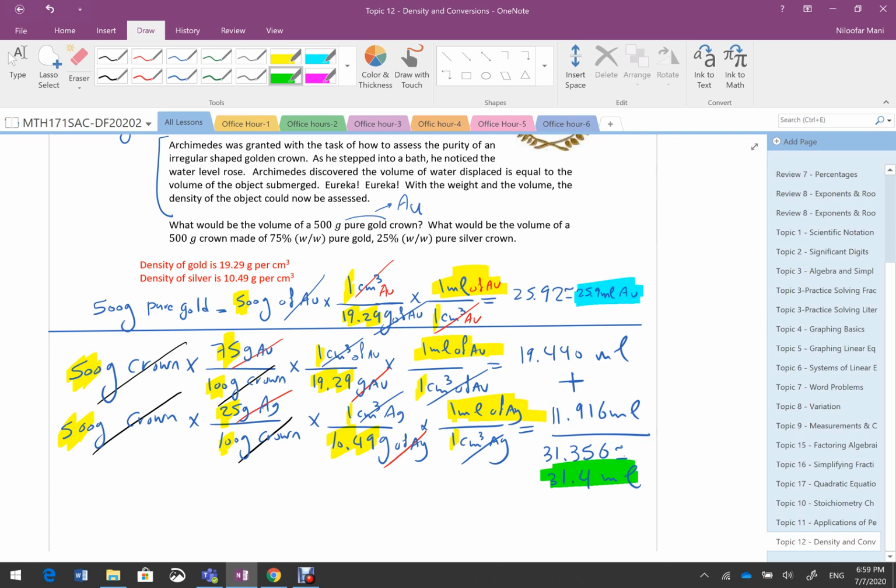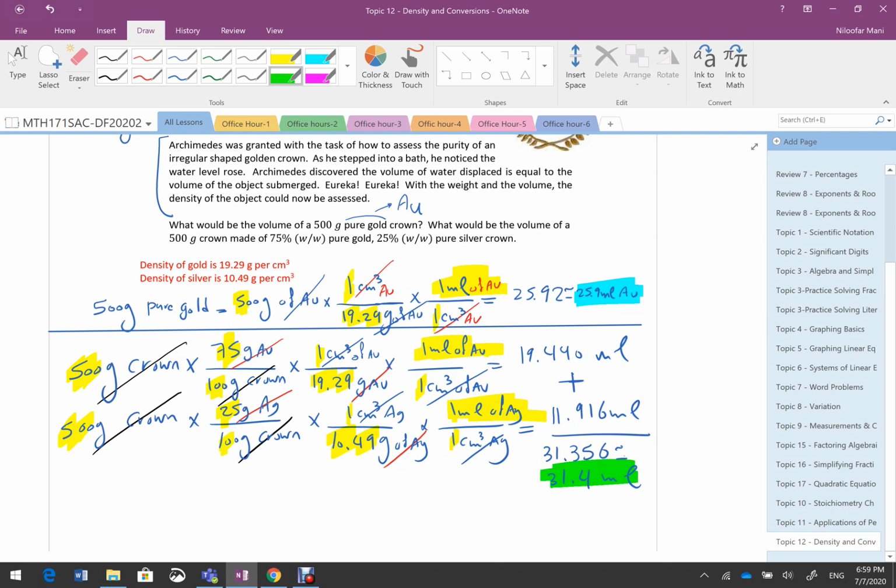A part of the water is displaced when I put the crown inside, and I can measure that water in terms of volume. I can find out the volume of the water displaced from the container.